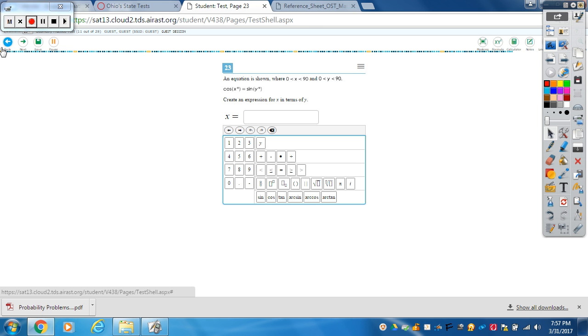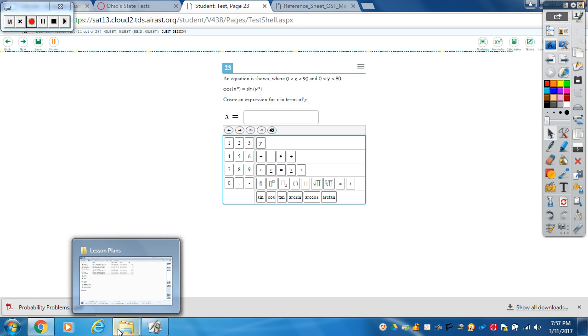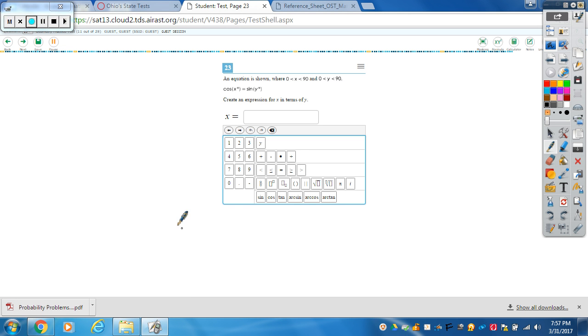Okay. Well, in order to do this, let me go ahead and draw out a picture here, because, again, this isn't a hard problem if we know what we're actually looking at. So let's say I have x here and y here. So this would be the adjacent side if I'm looking at x. This would be the opposite side when looking at x. And this would be your hypotenuse, again, when looking at x.